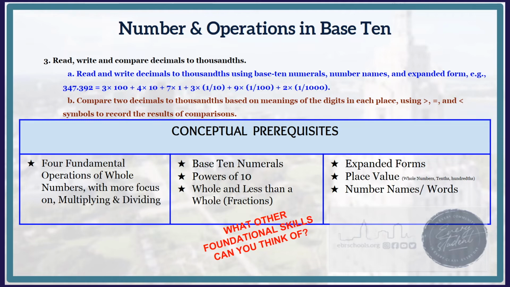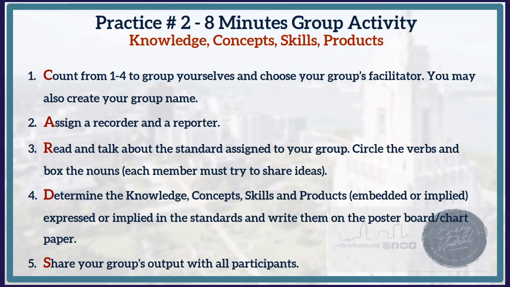Alright, so let's get moving. We have to group ourselves into 4. So I request everyone to count from 1 to 4 and go to your respective group. You will choose your facilitator, and you may also create a name for your group to make it more fun. Assign a recorder and assign a reporter.